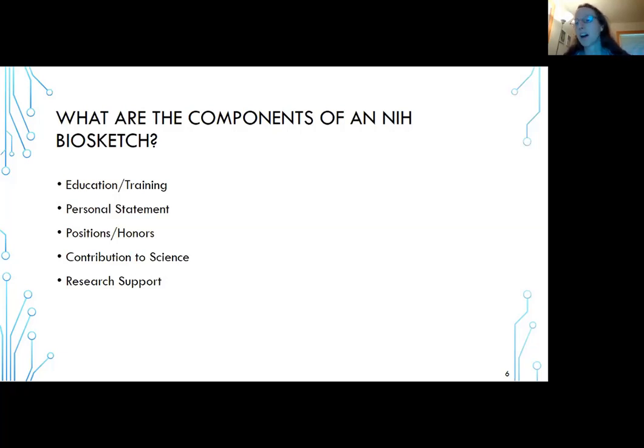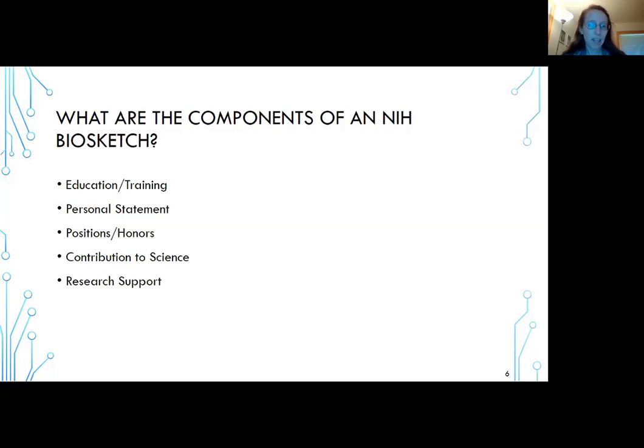There's a positions and honors section where it's going to include current and or former jobs, awards received, professional memberships, things like that. There's the contribution to science section. This is another free text field component. And this is where the individual is describing their most significant contributions to science. And then there's the research support, which can be ongoing and or completed funding or awards.